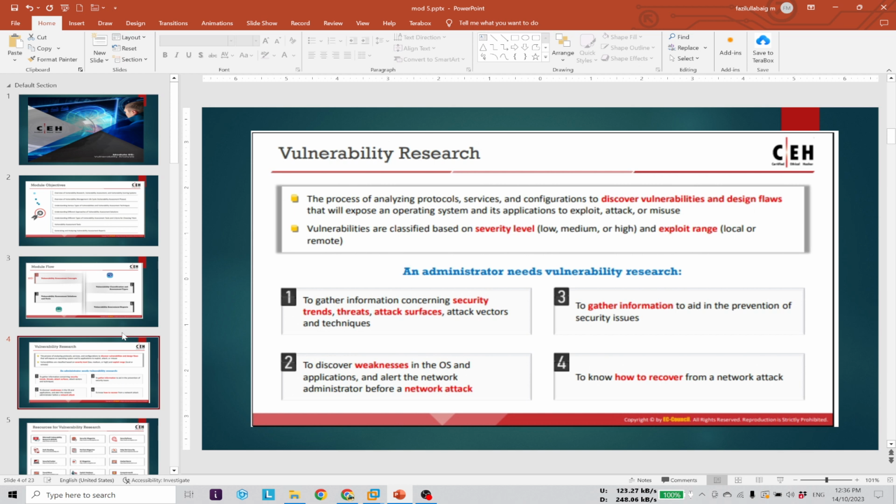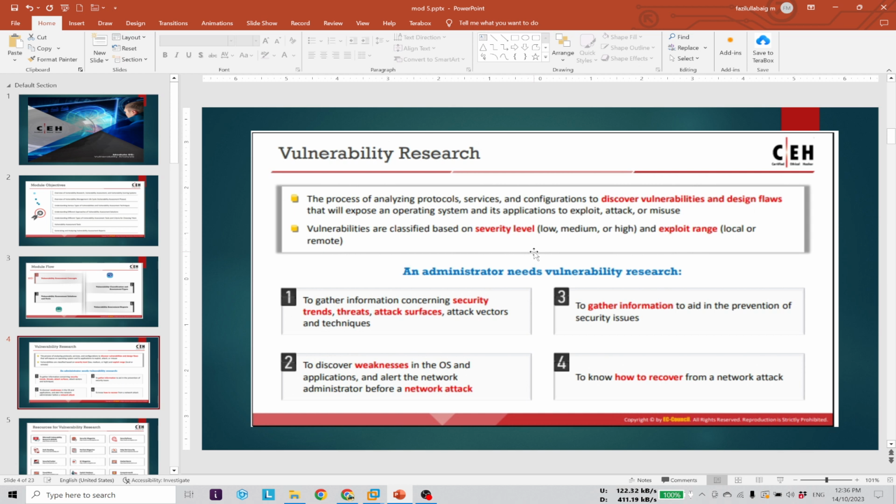Vulnerabilities are classified based on severity levels: low, medium, and high, and exploit range, that is local and remote. So what are these low, medium, and high?